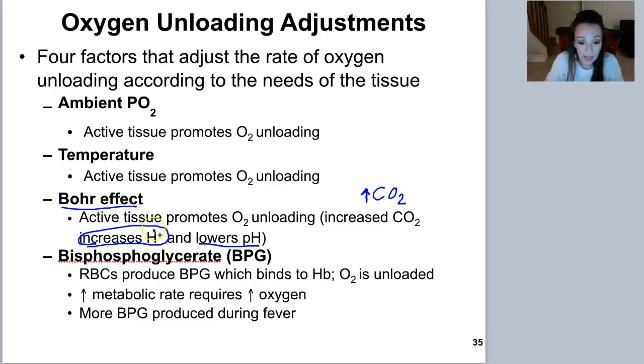And then we also said hydrogen ions can do the same thing, right? So when we have a lot of hydrogen ions in a tissue, a very active tissue also tends to produce lots of hydrogen ions. And we also said whenever we have more carbon dioxide, we're going to have more hydrogen ions because of the shift in the bicarbonate buffer system equation. So these hydrogen ions can also go and bind all over hemoglobin, causing it to release more oxygen.